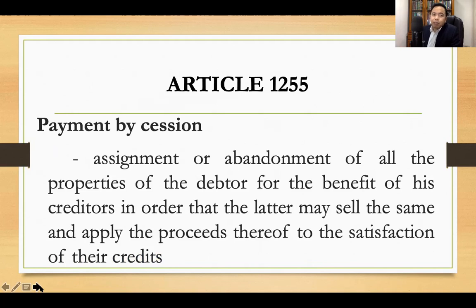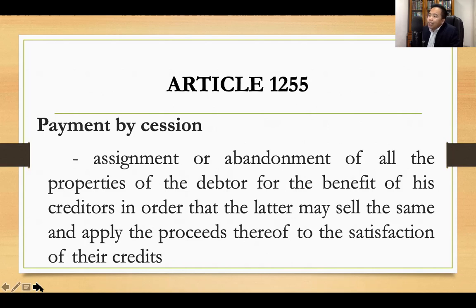When you say payment by cession, that means that there is an assignment or abandonment of all the properties of the debtor for the benefit of his creditors in order that the latter may sell the same and apply the proceeds thereof to the satisfaction of their credits. So if you describe payment by cession in one word, that word is assignment.